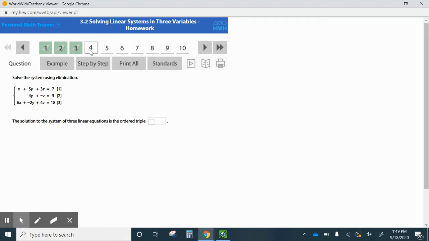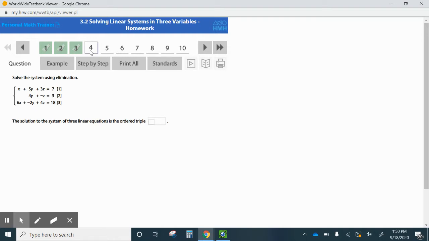That's equation 1. 4y minus 1z equals 3. That's equation 2. And then 6x minus 2y plus 4z equals 18, and that's equation 3.